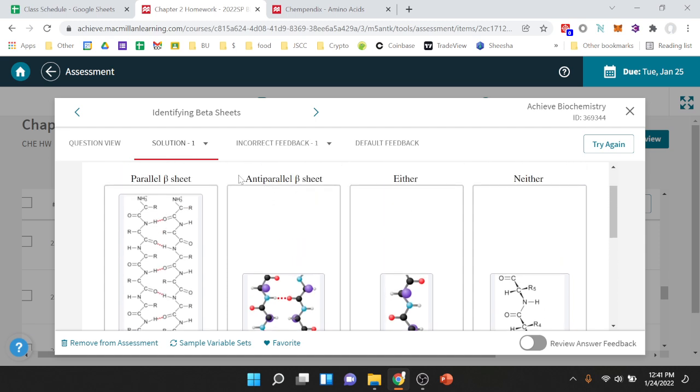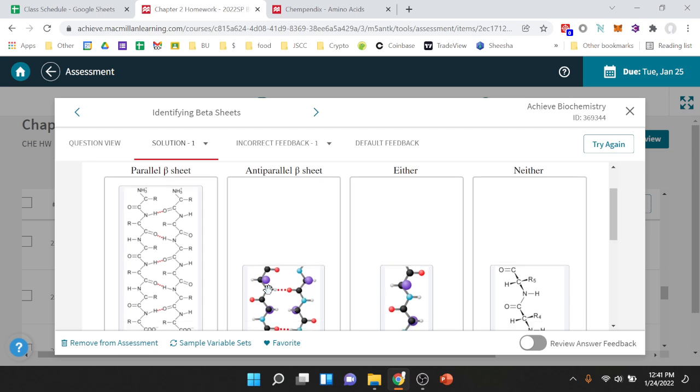Either. So what's the difference between anti-parallel and parallel? Exactly. They're going to be nice, beautiful, almost right angle looking, right? Very straight, very synced. The other thing is the top one here would be an oxygen. The bottom one would then be a nitrogen, right? Because they're going to alternate.